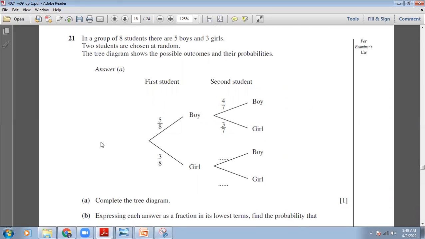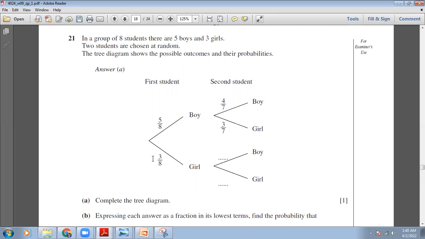In a group of 8 students, there are 5 boys and 3 girls. 2 students are chosen at random. The tree diagram shows the possible outcomes and their probabilities. So the first person chosen is a boy, 5 by 8.